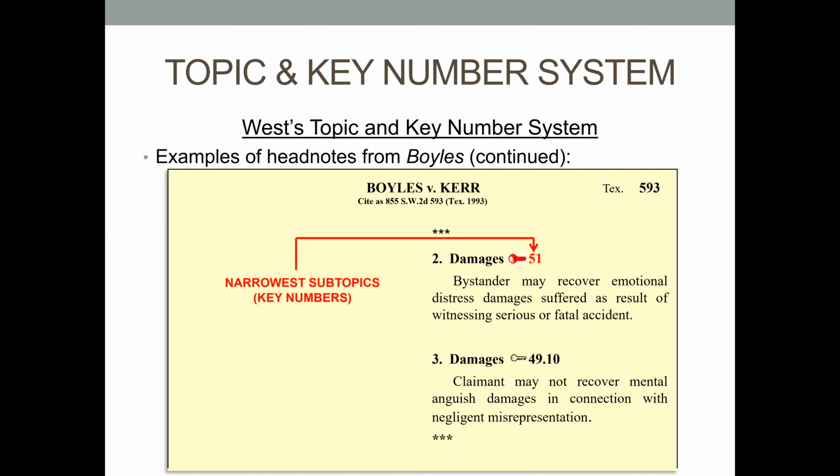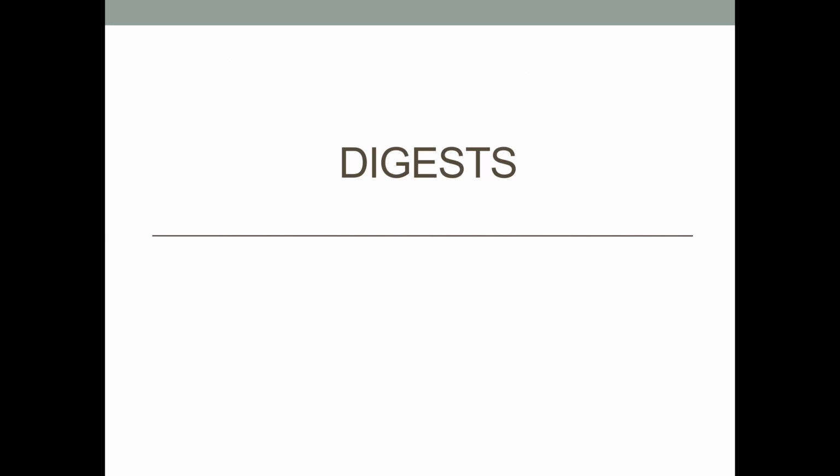Head note 2 has the key number subtopic number 51, whereas head note 3's key number subtopic is 49.10. So they all relate to the same major topic, which is damages, but they each relate to a different small subtopic represented by different key numbers. So that's the topic and key number system.